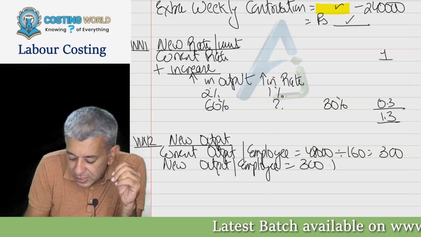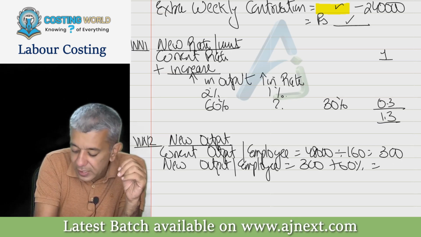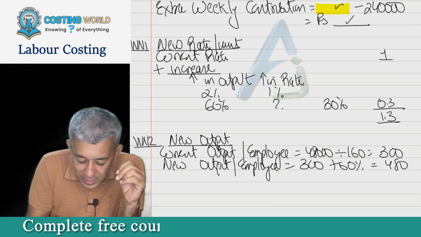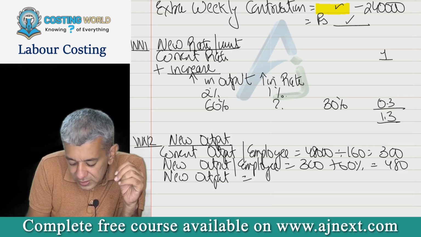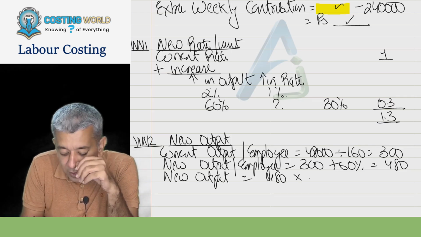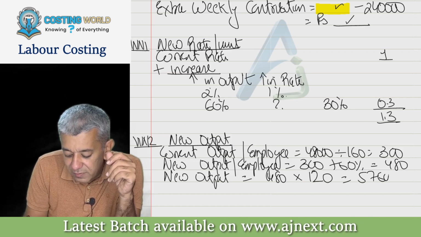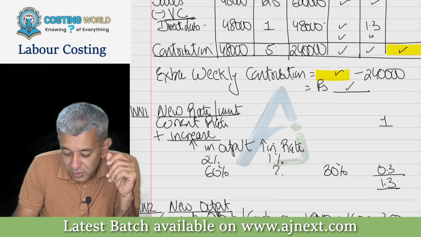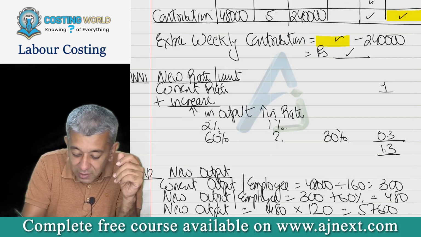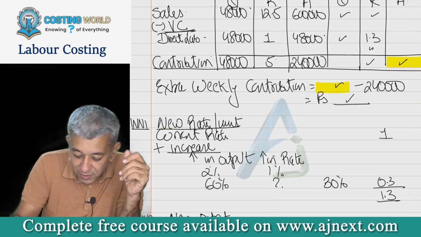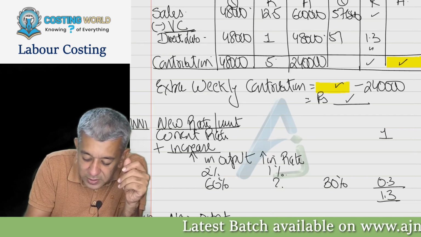Everybody will increase their output by 60%. So therefore this will become 480. And lastly, new output: 480 units each and every employee will make, but now there will be how many employees here? 120. So 57,600. Your hints, I have done enough. Listen to me. Everybody can write down 57,600 at these 4 places, please.